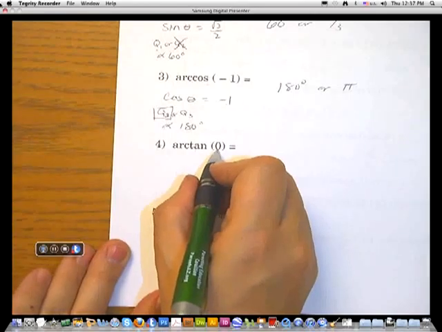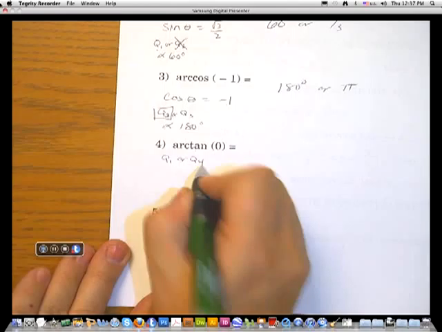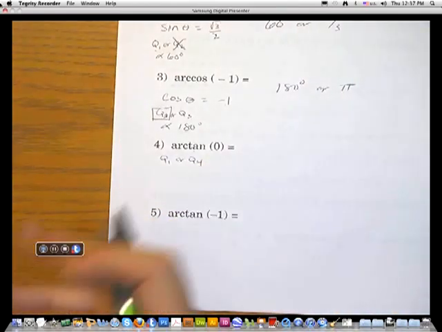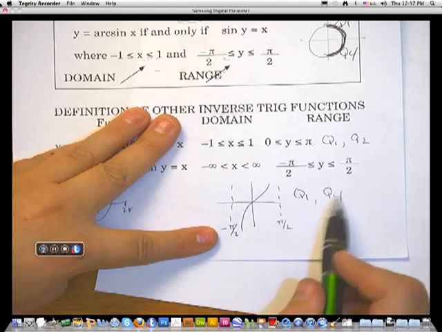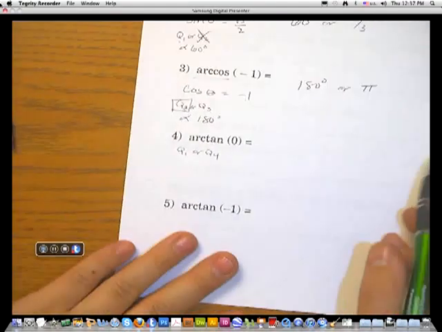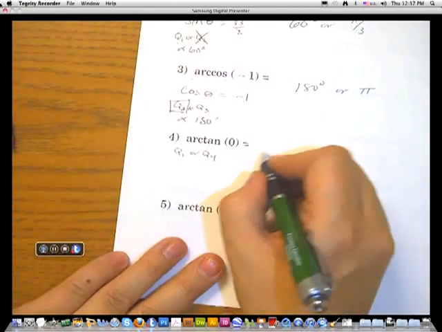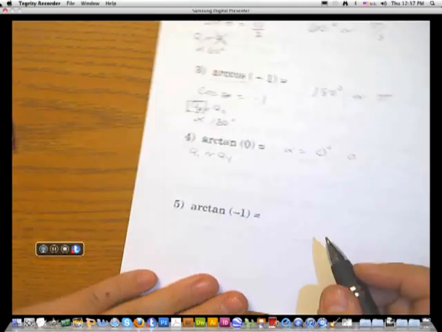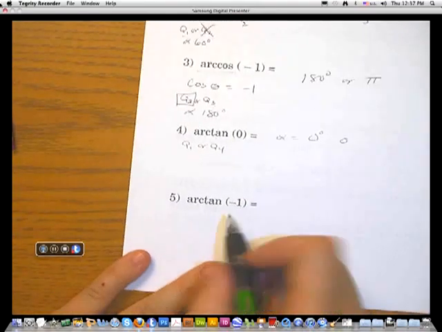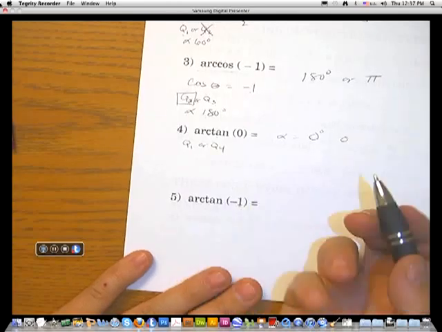Tangent. Tangent of 0. Well, tangent is quadrant 1 or quadrant 4. According to my rules, I can only be in quadrant 1 or quadrant 4. 0 is only 0. So whether it's 0 degrees or 0 radians, it's the same thing. Arctangent of negative 1.